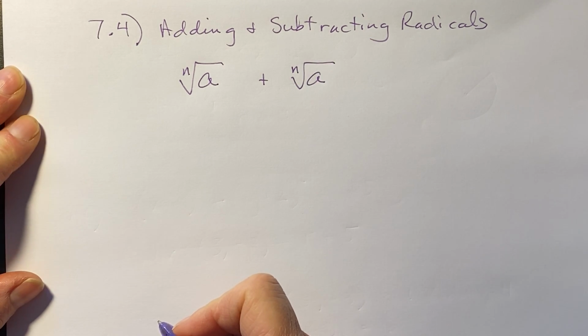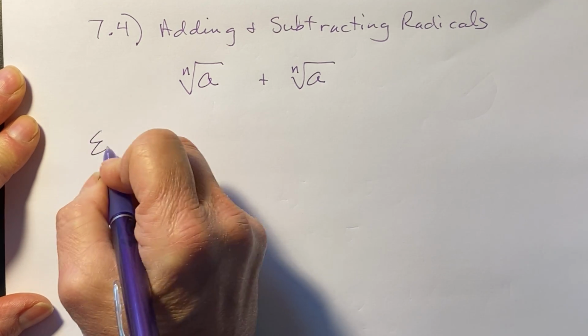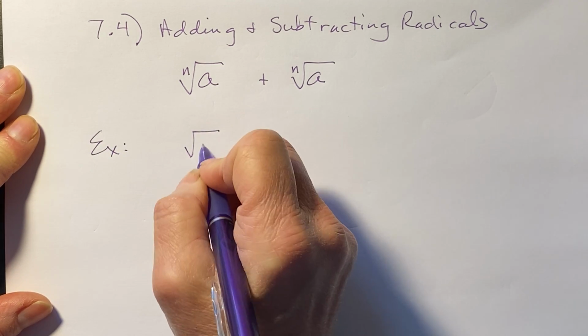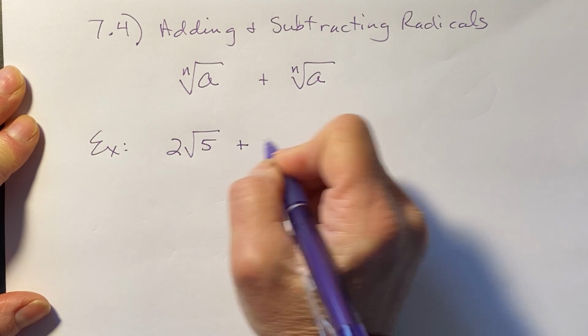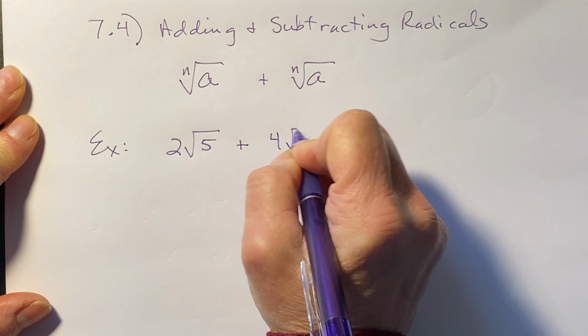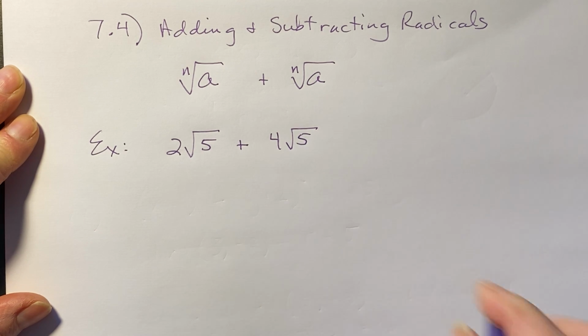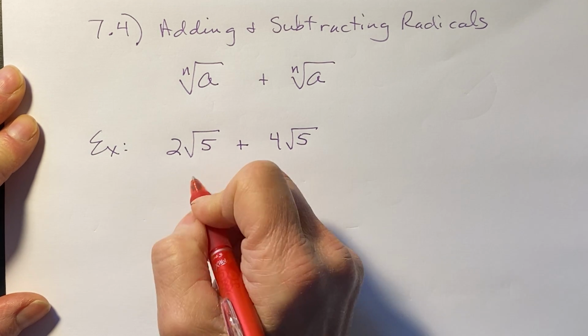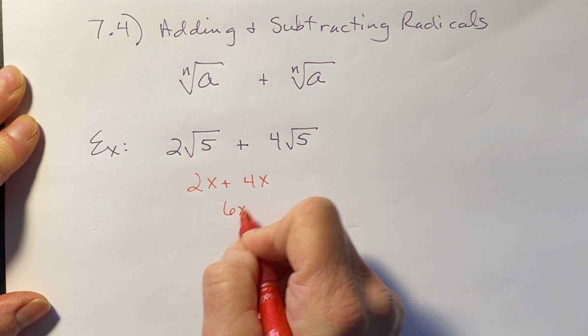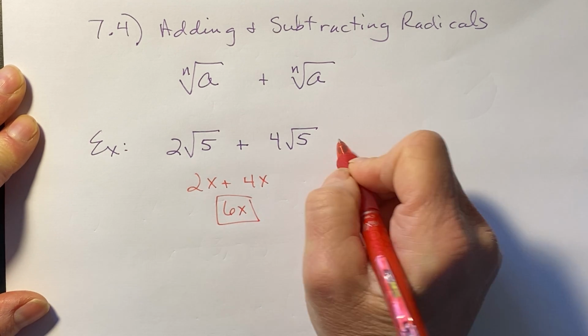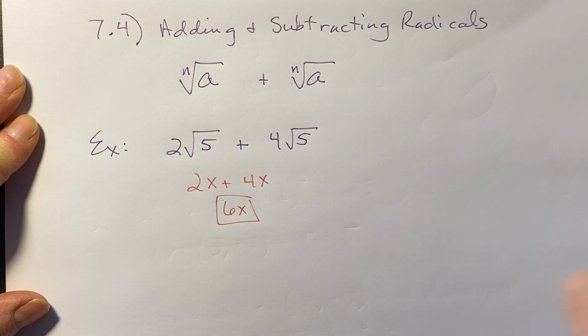If we identify that they are the same, such as the square root of 5, let's say I have 2 square roots of 5 and I'm adding 4 square roots of 5. This is very similar to 2x plus 4x. That would be 6x. So I'm going to do the same thing with my radical.